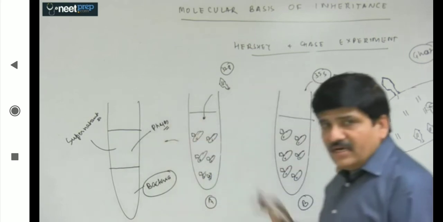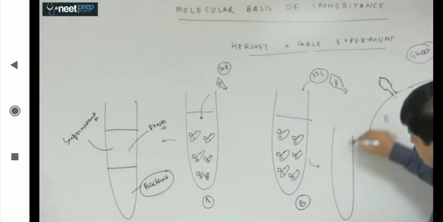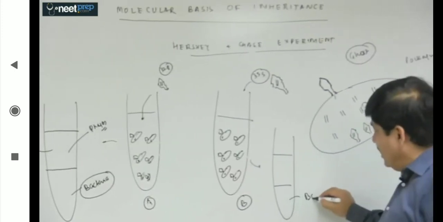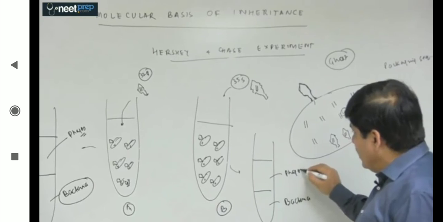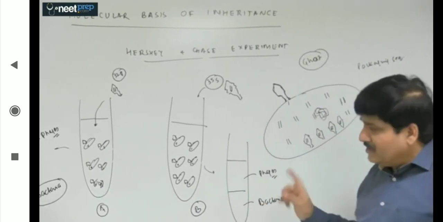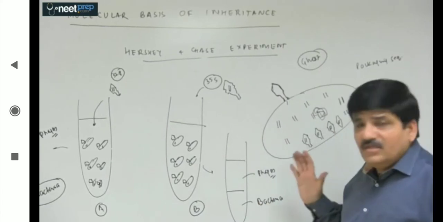So please understand, this is happening now. Now what is happening here? Again there will be a supernatant and something down below, and again this will contain bacteria, and this will contain the phages that have been dissociated by the blending from the surface of the E. coli cell. I hope this is absolutely clear to everybody watching this video.